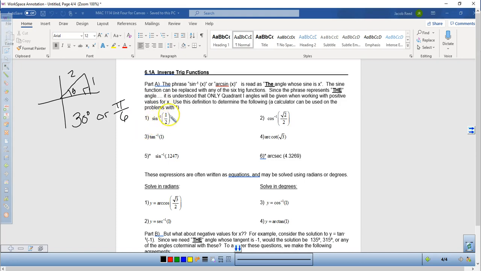Just make sure that you follow what they ask for, whether they ask it in degree or in radian form. Number 2, I'm going to do over here. So there's number 1, here's number 2. Cosine inverse of square root 2 over 2.